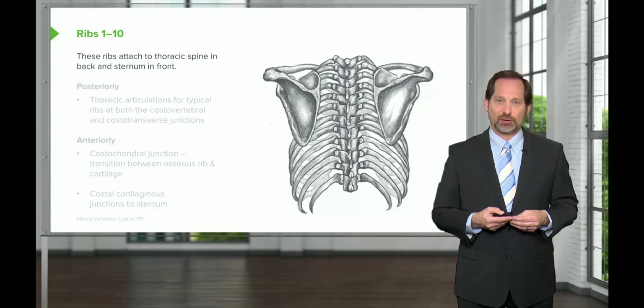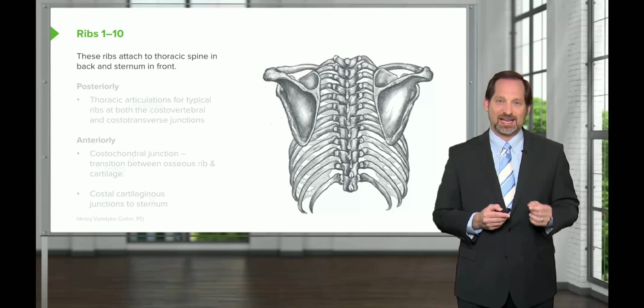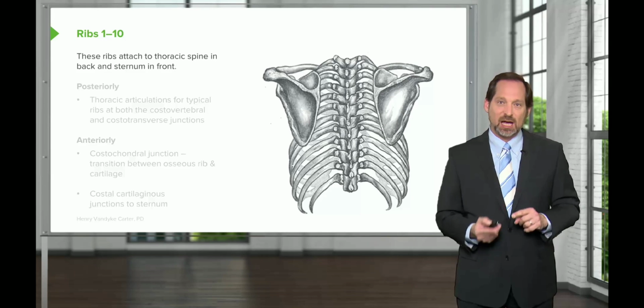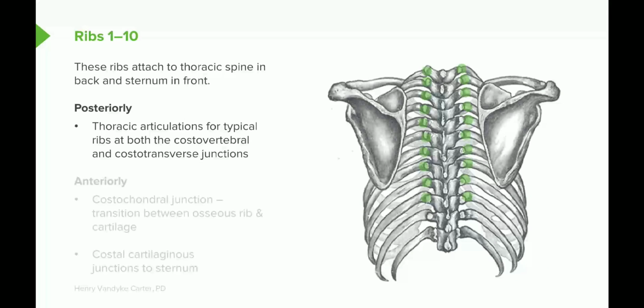So when you look at the rib, it's going to have a number of connections on the rib itself. The first one attaching to the spine and the second one attaching to the transverse process of the spine above it. And this is going to stabilize it and allow motion. So posteriorly, the articulations for the typical ribs are the costovertebral and the costotransverse junctions.